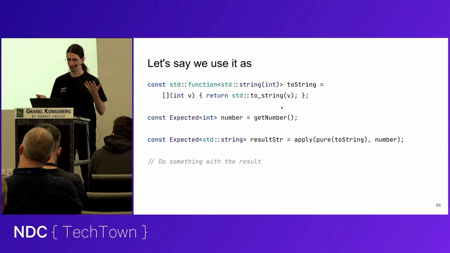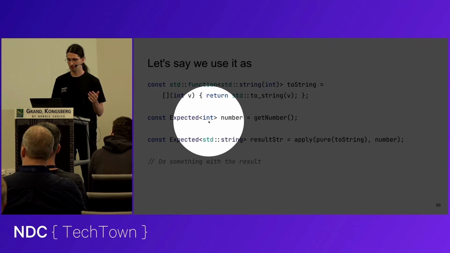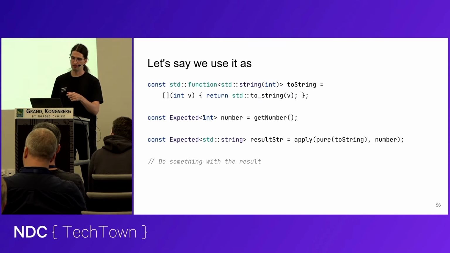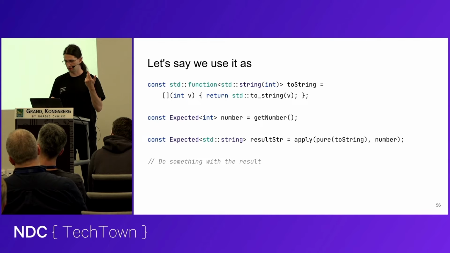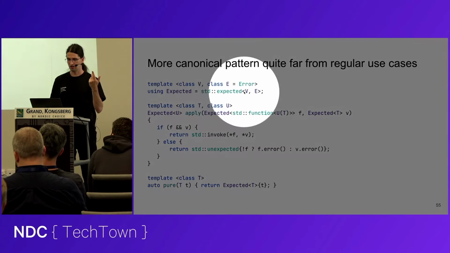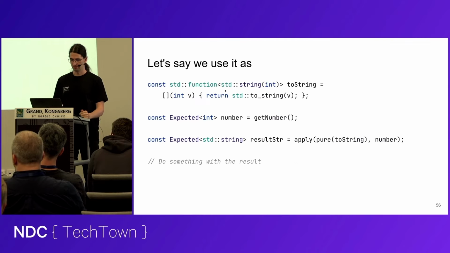It's toString of integer. And then we have some function that gets us a number, and it can fail at some point, so it's expected of int. And why is there only one int? Because we use our own expected from the previous slide, right? And the error is already defined as some error, say from our library, whatever.